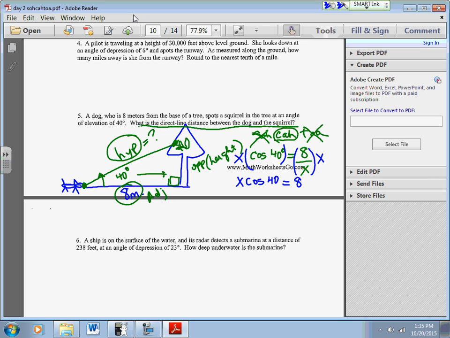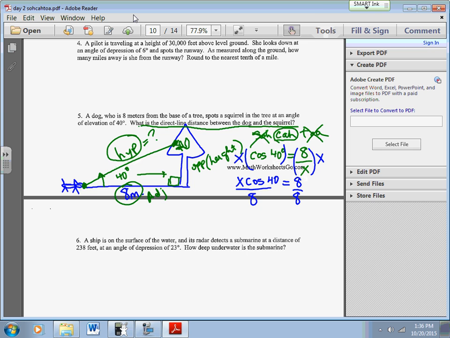From there, what do you do next? Divide by 8. If you divide by 8, look at what happens. Notice how you move everything to the same side, and remember the whole goal when you're solving an equation is to get the letter by itself completely.